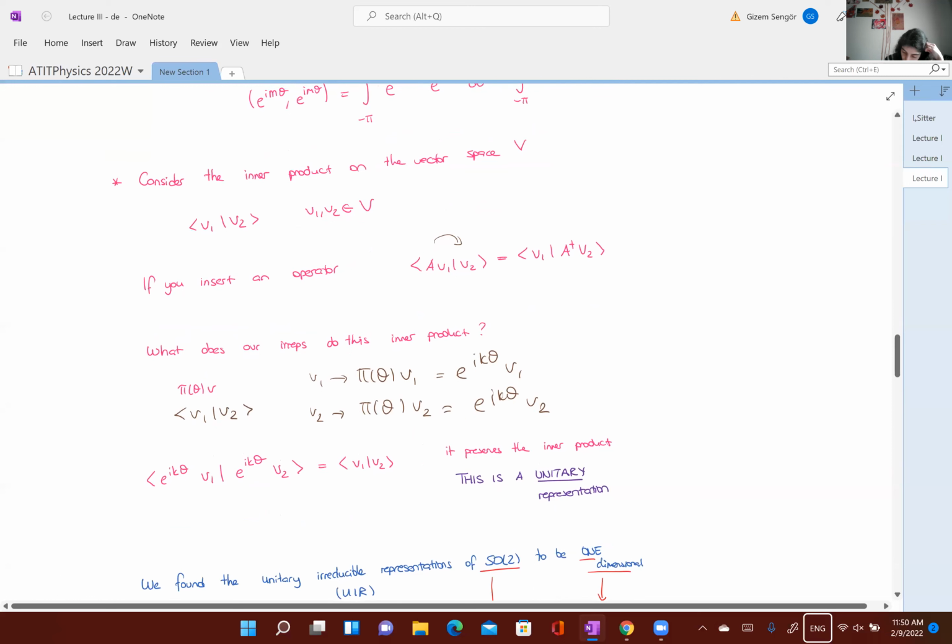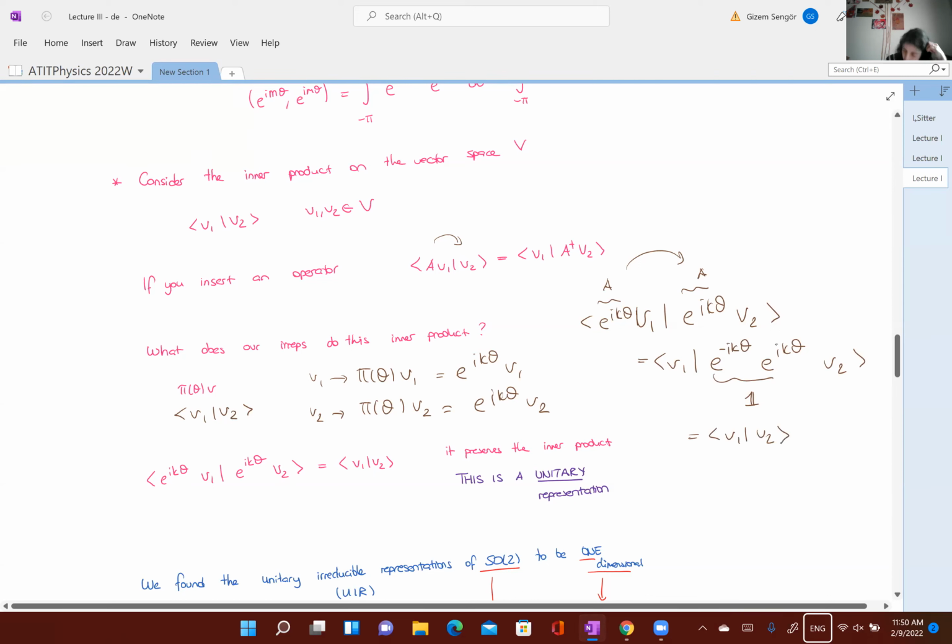Now if you consider e^(ik theta) V1 and e^(ik theta) V2, this is like having inserted an operator A here, but I can just bring it to the other side, and this just gives 1, the unit element.